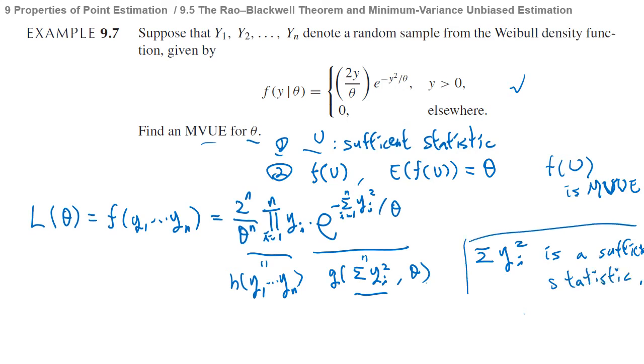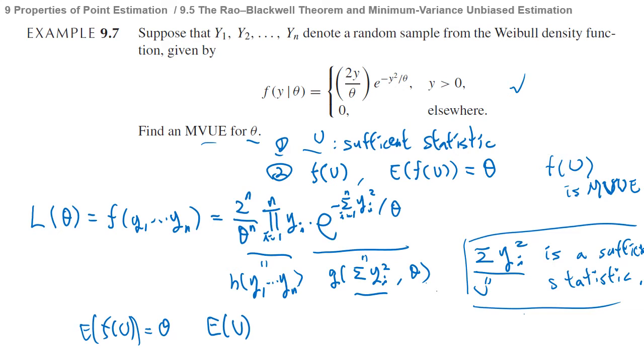Okay, and the next thing is we want to find a function of u that is an unbiased estimator for theta. So before we do that, we want to calculate the expected value of u, and probably we can apply some function to make this expectation theta.